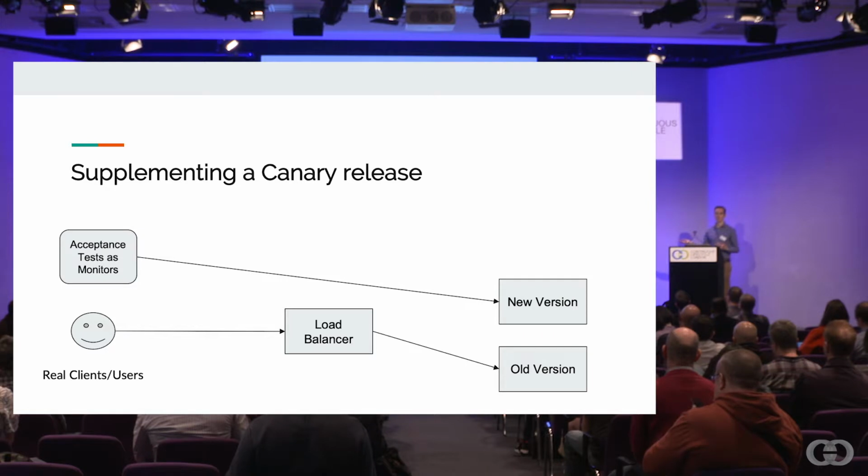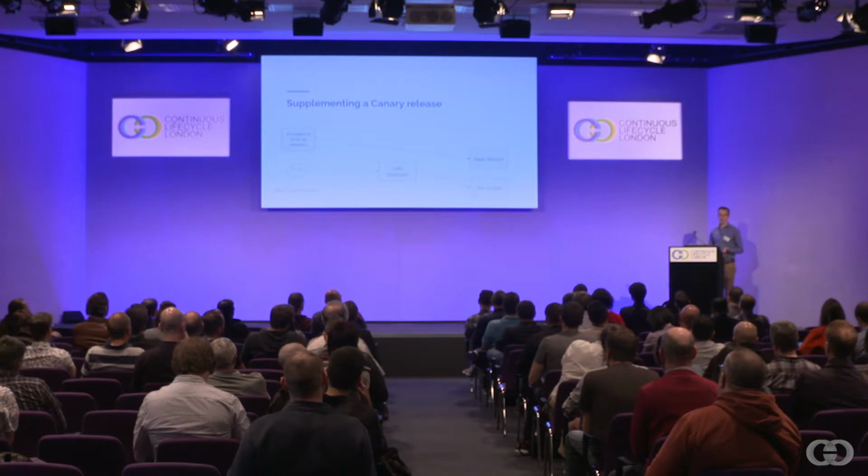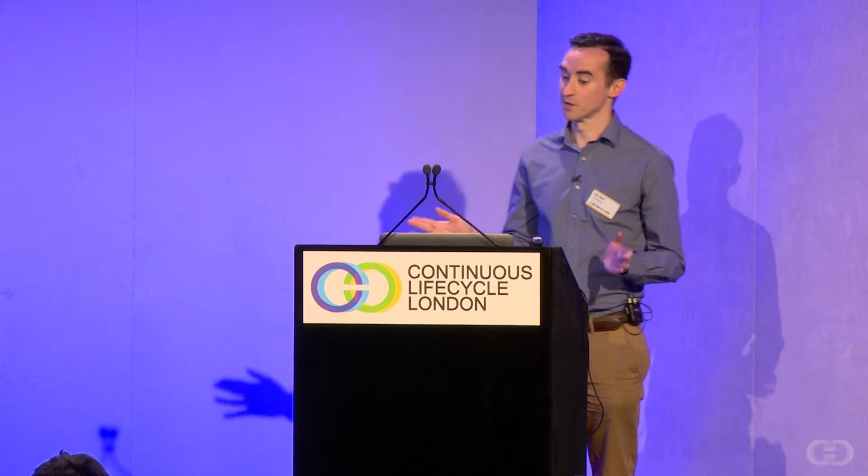So if it is completely ruined, you've only affected a small subset of your users. But a small percentage of a small number of users could probably equate to 0 over a day. The other point to remember as well is that they are still real users. So it could be good to run acceptance tests as monitors against that new version that's been deployed before it is even exposed to real users.